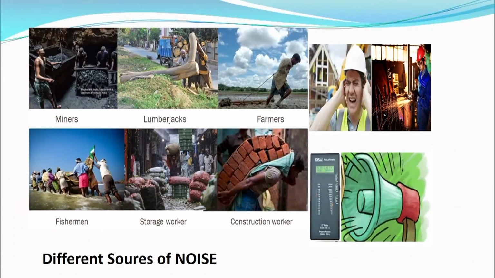Learners, please recall noise pollution and its ill effects from lesson 10, module 4 of environmental science, that is environmental pollution. To prevent adverse outcomes of noise exposure, noise levels should be reduced to acceptable levels.